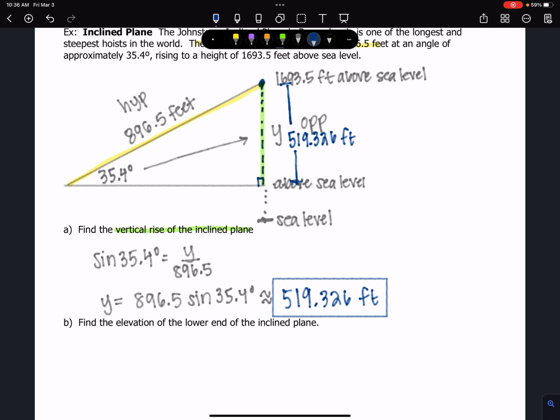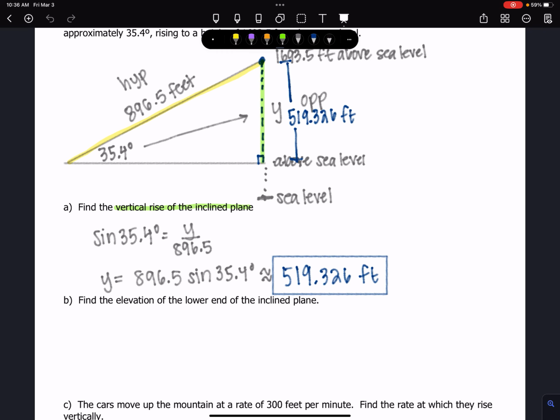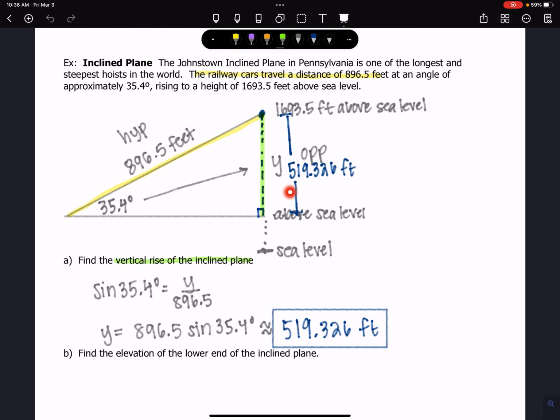We want to find the elevation. So what's the elevation? The elevation when we get to the top is 1693.5. Well, that's after we traveled 519.326 feet. So I'm going to take that 519.326 feet away, and I'm going to get the elevation that we started with.